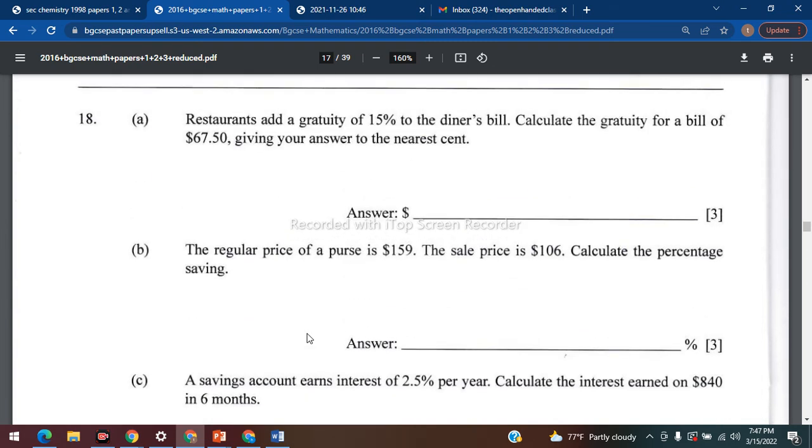This one is just a bunch of application questions. Hopefully we can get through all of them.